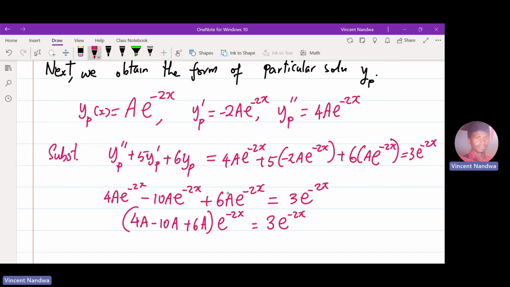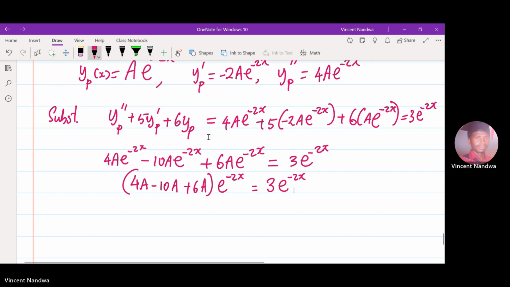So what's the value in this bracket? 0. So 0 e raised power minus 2x equals 3 e raised power minus 2x. So 0 times e power minus 2x is 0. So 0 equals 3 e raised power minus 2x.